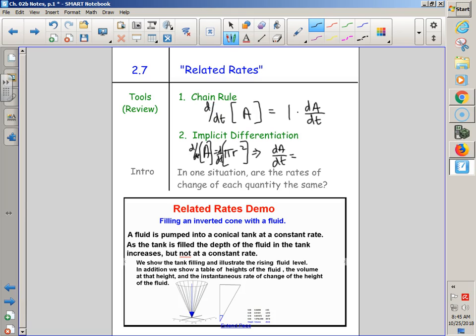Right. There's going to be a dr dt, I totally agree, but that's our u prime at the end. How do we derive pi r squared? Oh, I don't know, product rule? What's pi? A constant.